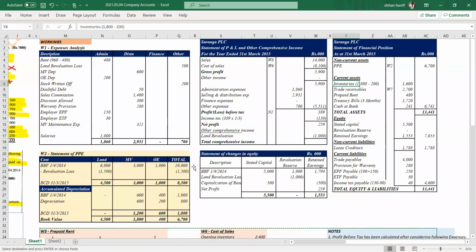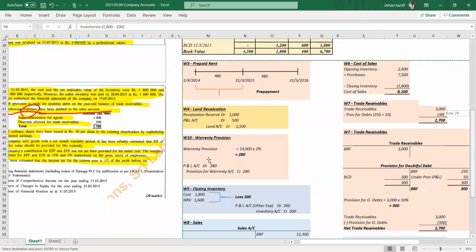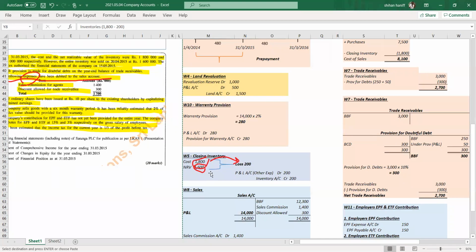Your cost is 1800, therefore we deduct the 200 loss, making the closing inventory equal to the NRV.